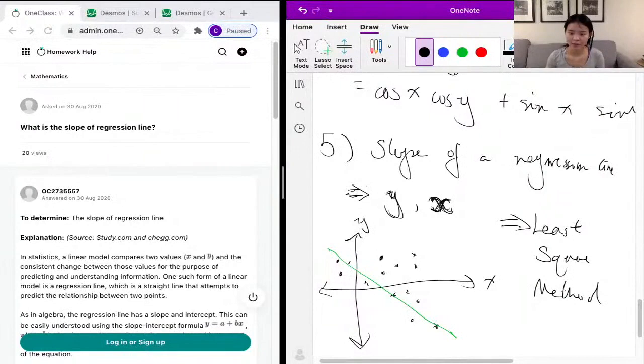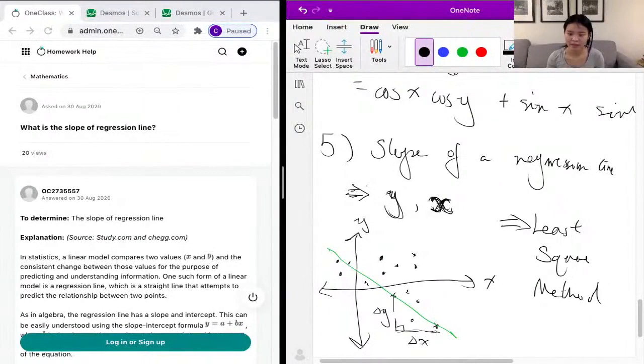So the slope of this regression line is just the slope of this green line. Again, in order to find the slope, we find a point on the line, and find another point on the line, and we get the changing y and the changing x, and find their slope.